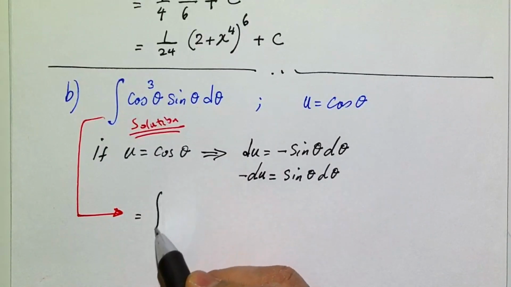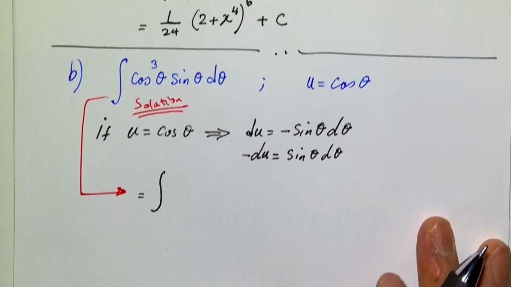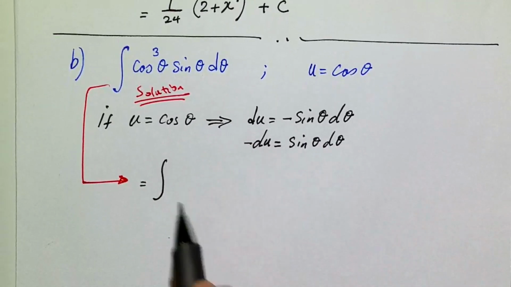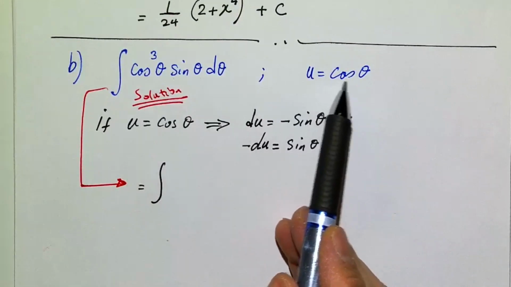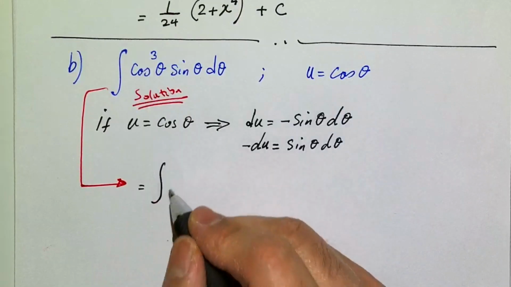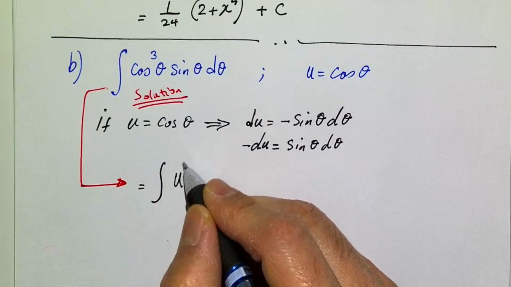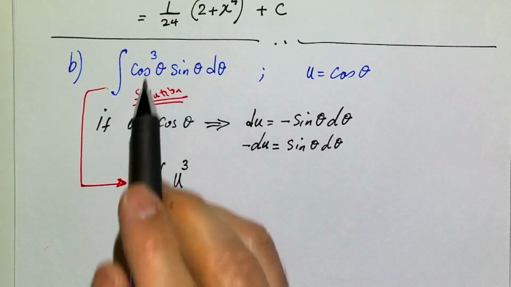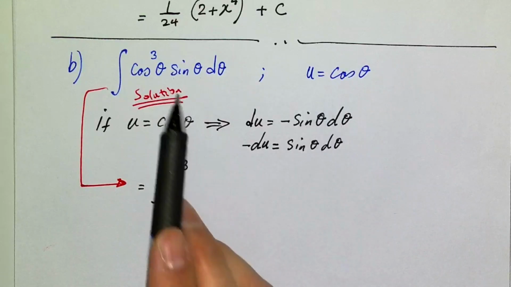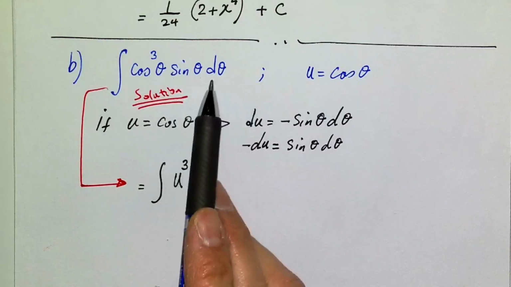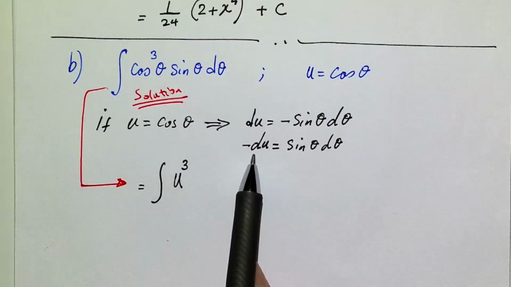So this would be the integral of u, because u is cosine theta, u cubed, right? So instead of cosine cubed theta, we have u cubed. Instead of sine theta d theta, we have, what do we have?